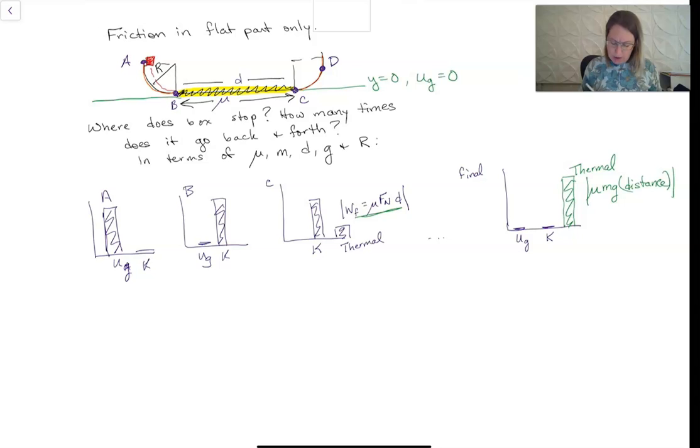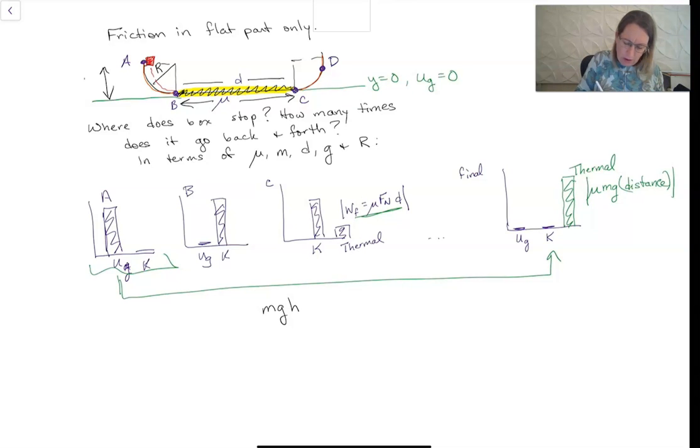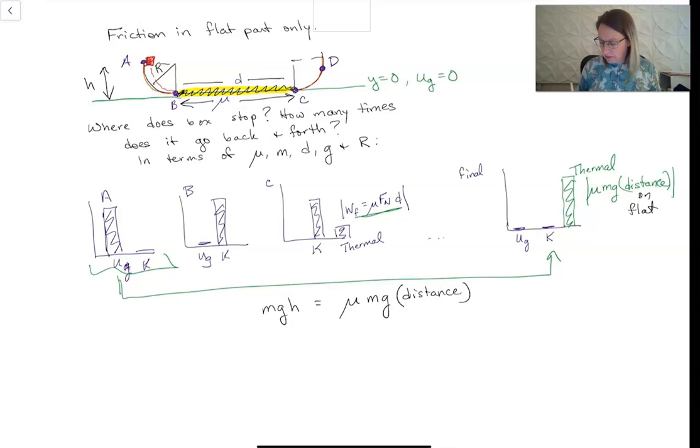And so really, all we have to do, we can skip all these in-between places and say the energy here must be equal to this. And that seems fairly straightforward to do, so I can say mg times the height, that's this right here, is equal to mu mg times the total distance that we travel on the flat, on the horizontal surface.